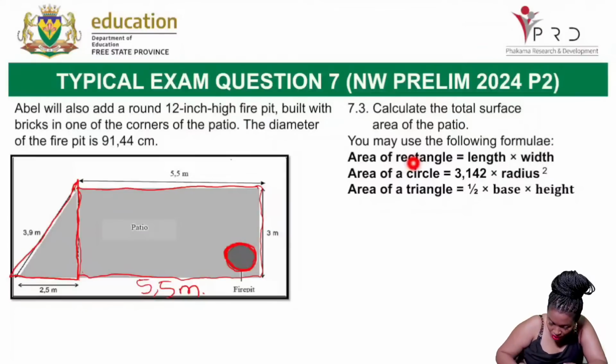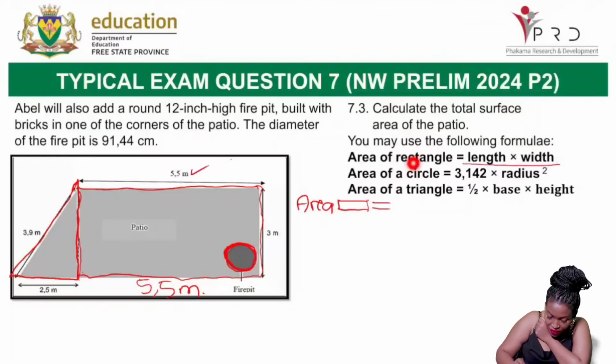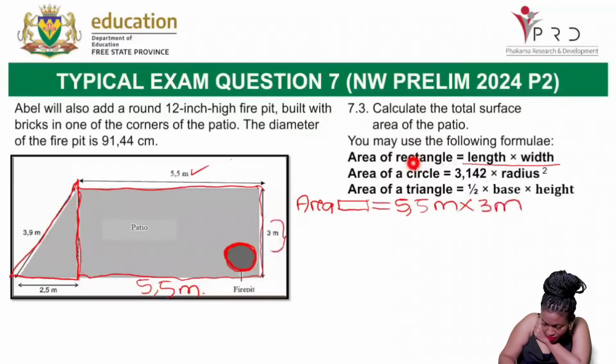I'll draw the shape. The area of the rectangle is length multiplied by width. And what is the length? It is 5.5 meters. Multiplied by the width, what is the width? It is 3 meters.